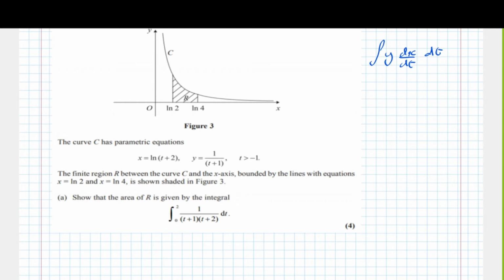So as before, it was the integral of y dx, or as I say, you can use that formula there.